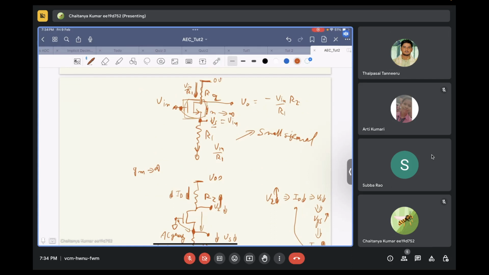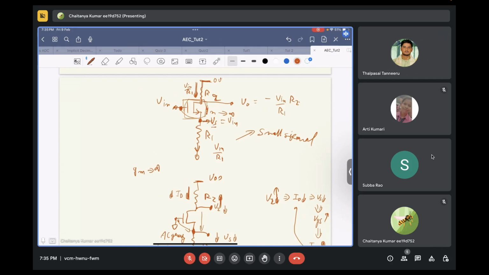That means the source and gate have to swing equally. So if Vg is equal to Vin, Vs is also supposed to be equal to Vin. So from there you say Vs is equal to Vin, and after that it's simple algebra from which you can find V out.